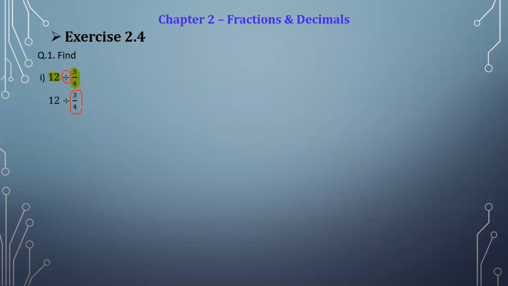So how do we change the position? Here you have to bring the numerator in place of the denominator. That means I am going to shift this 3 to the denominator position.